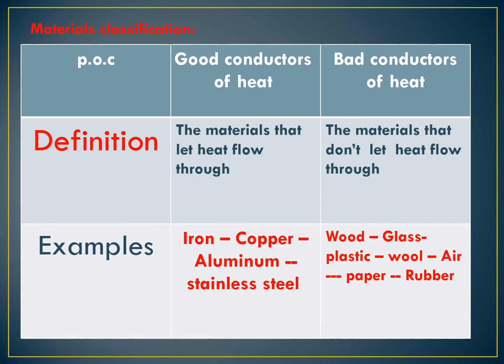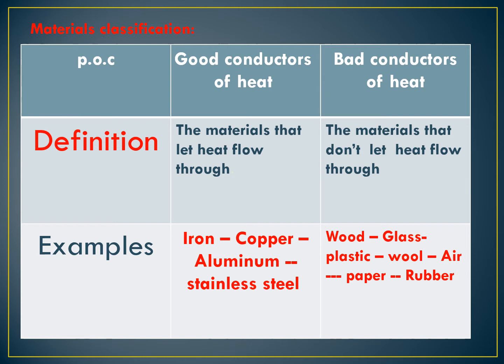Here we have a comparison between good conductors of heat, or heat conductors, and bad conductors of heat, or heat insulators. The points of comparison here are definitions and examples. Good conductors of heat are the materials that let heat flow through, while bad conductors of heat are the materials that don't let heat flow through.